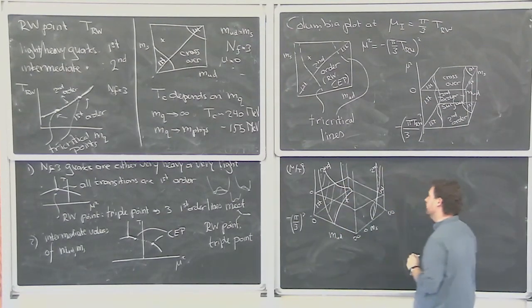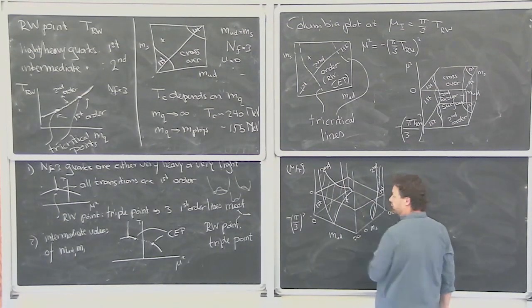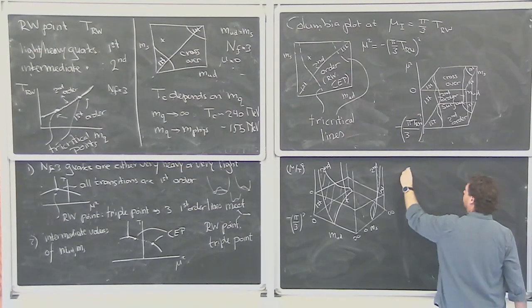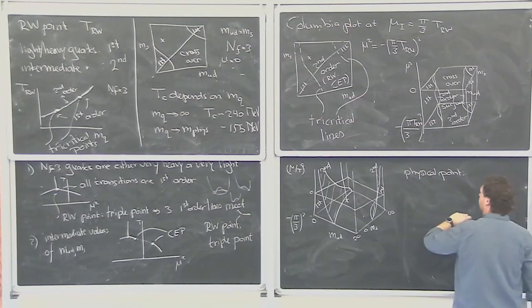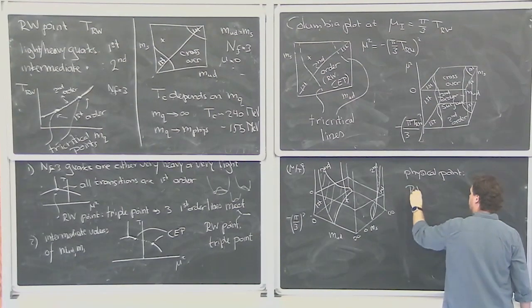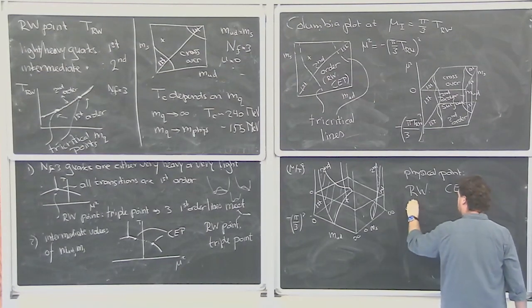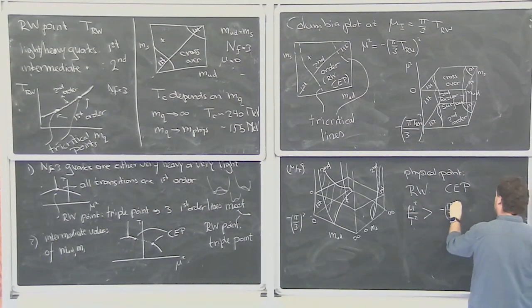So there is a crossover basically for all chemical potentials in this range of values of chemical potential. So the physical point, it's at the Weiss point, it's a critical endpoint, and for mu squared over T squared larger than minus pi over 3 squared, it's a crossover.